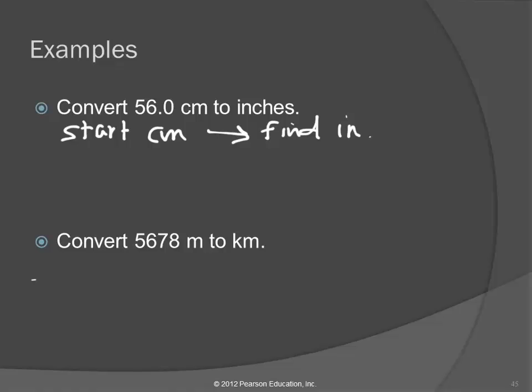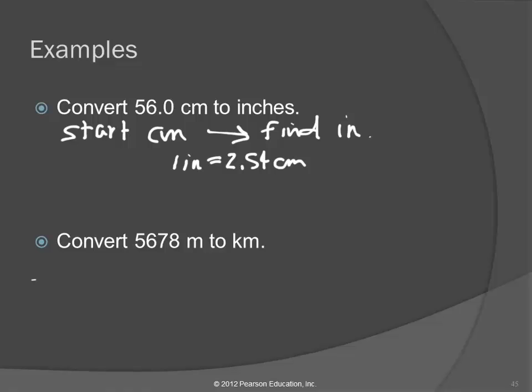What's the conversion factor? Well, you can write it as a conversion factor, or we can also write it down just as an equality that we found somewhere. 1 inch is 2.54 centimeters. That's the information we need to solve this problem.